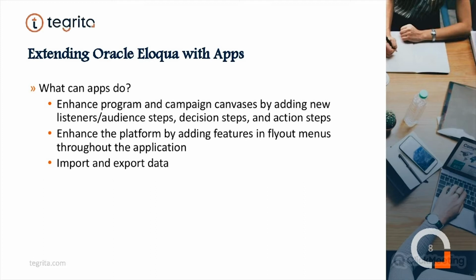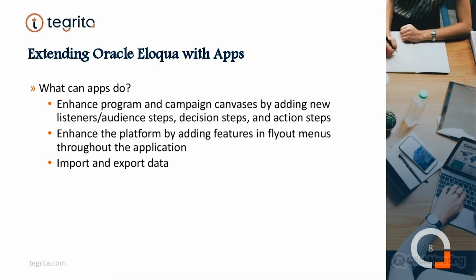But they're also capable of doing all sorts of different things throughout the product by being embedded in flyout menus, or from the app screen itself over in the settings area. Certain apps are configured and managed there, and they may serve different purposes in those places.